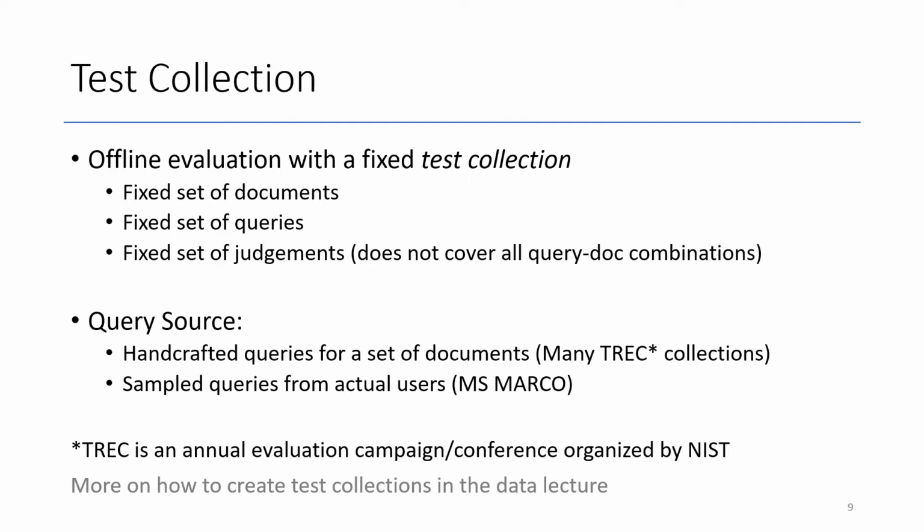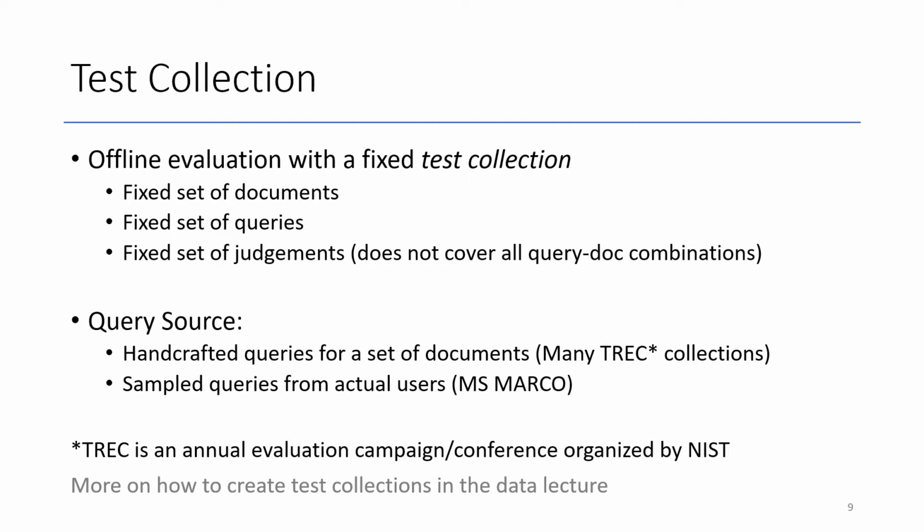So the first thing that we have to think about is, where do our queries come from? There are different options, of course. We can handcraft the queries, where experts think that this is a good idea to search for, to measure how good a retrieval system is.